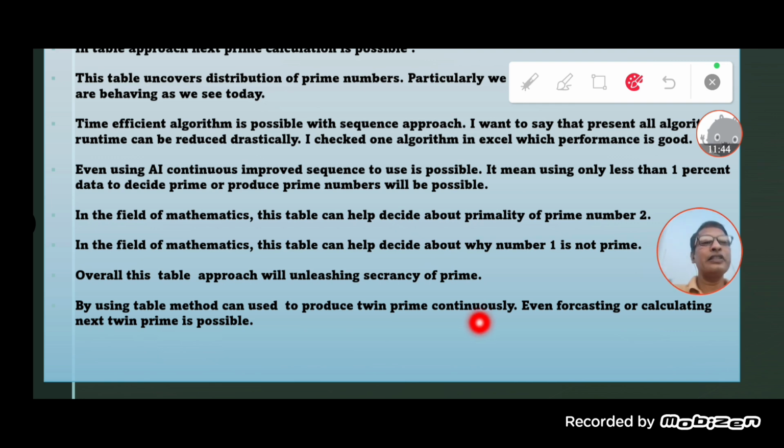By using this table approach, even forecasting or calculating the next twin prime is possible. And also, why twin primes come the way they do, all the answers regarding twin primes will be solved after this table is made public.